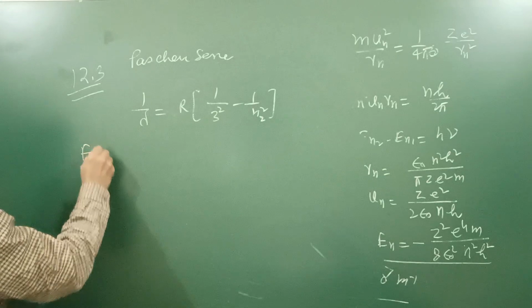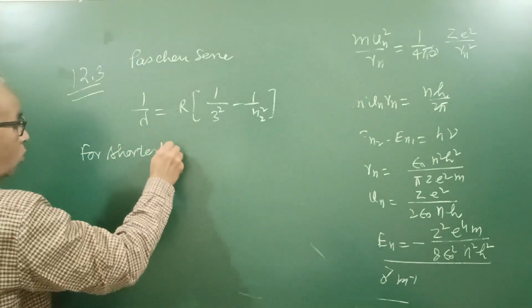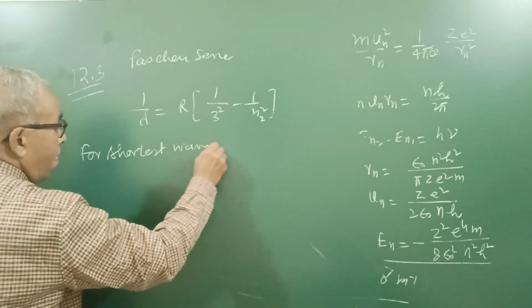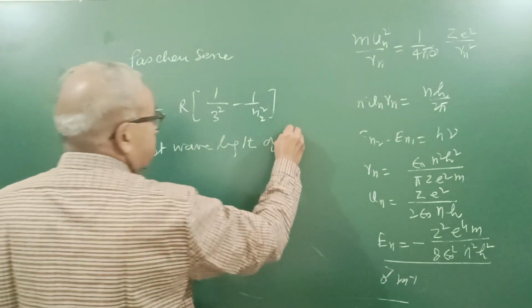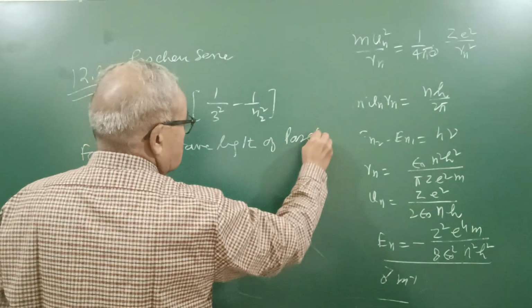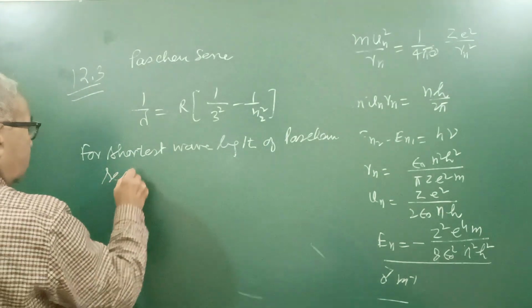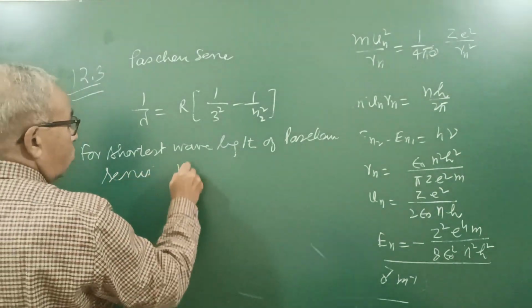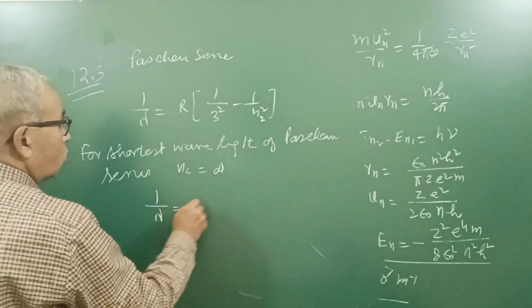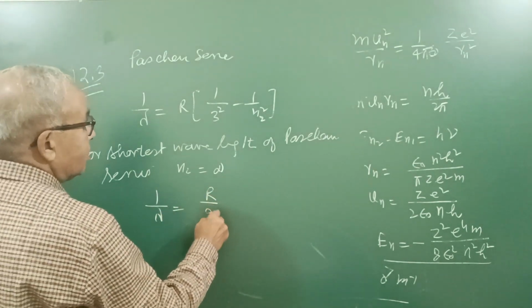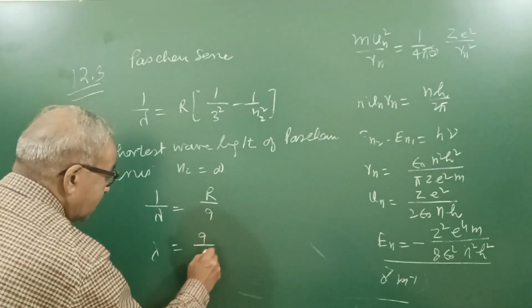For the shortest wavelength of Paschen series, n2 equals infinity. So 1 upon lambda equals R upon 9, or lambda equals 9 upon R.